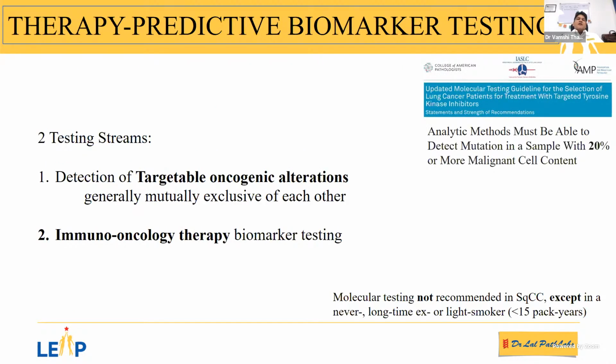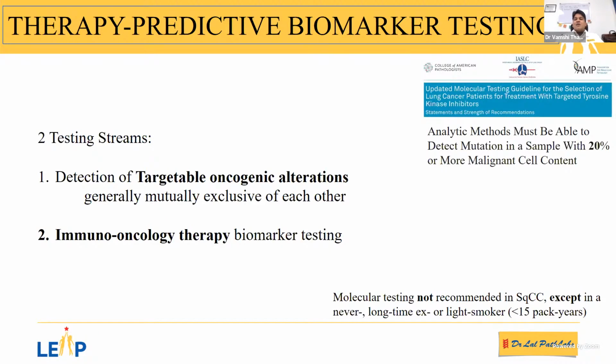What are the therapy predictive biomarker testings? There are two testing streams. One is to find the targetable oncogenic alteration, and two is immuno-oncology therapy. So the updated molecular testing guidelines tell you that the analytical methods should be looking at at least 20% or more malignant cells in the tissue. Molecular testing is not recommended in squamous cell carcinomas for these particular genetic alterations that we're looking at for adenocarcinomas.